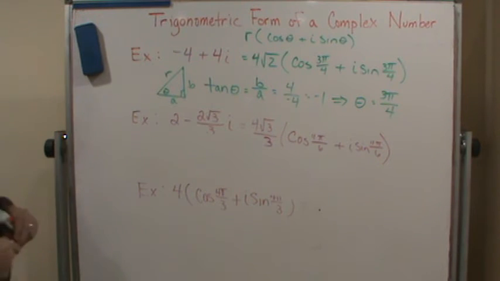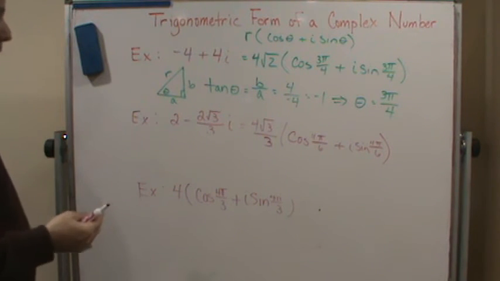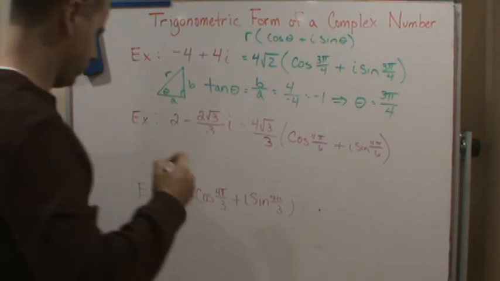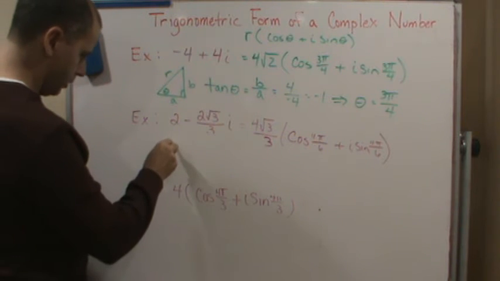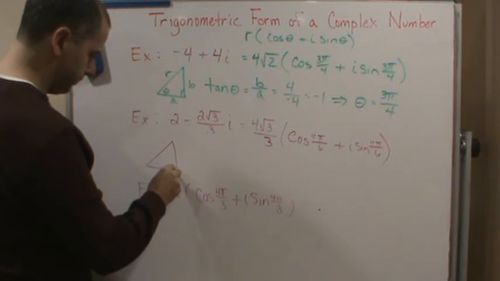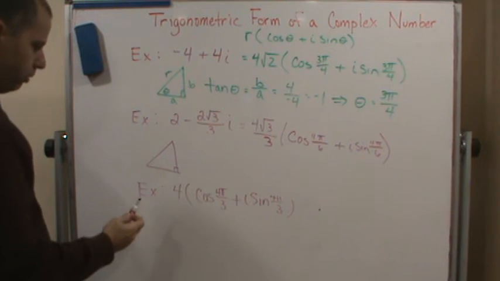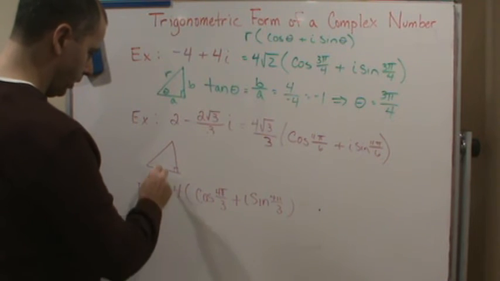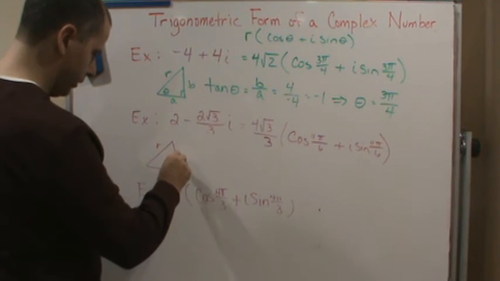Okay, last one. Well, now we're going to go the other way. So we need to put this in a plus bi form, standard form. So how do we do that? Well, if we look at cosine 4 pi over 3, let's go back to our triangle. So we know this is a, right? So r, a, b.